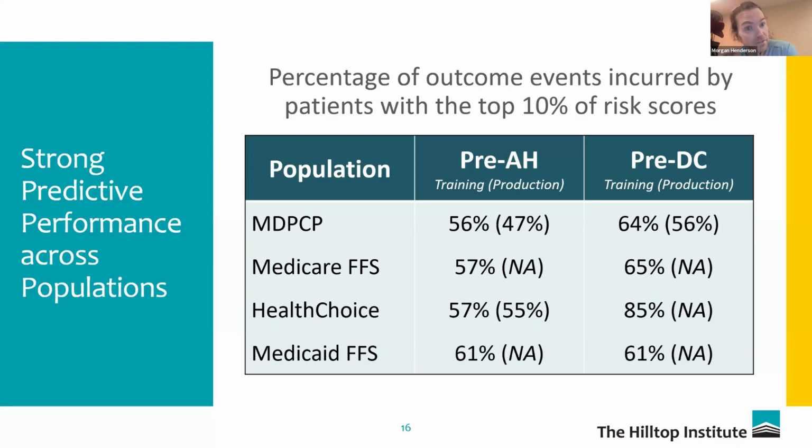Notably, the diabetes complication model in the HealthChoice population performs extremely well, where about 85% of the actual diabetes events we're trying to predict occur in the top 10% riskiest slice. And so we have a lot of confidence in the predictive power of these risk scores. We look at the production performance in the training data while we're running the models, and we look at it in the actual data wherever possible.